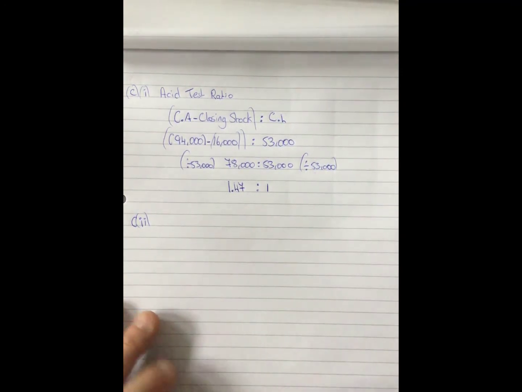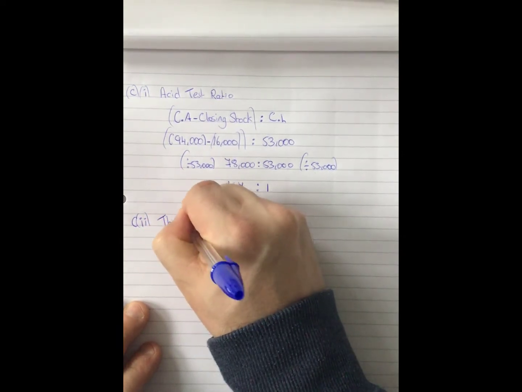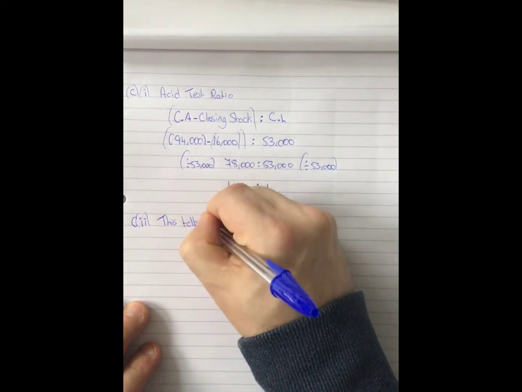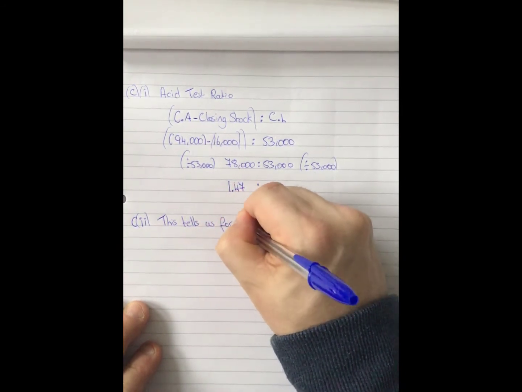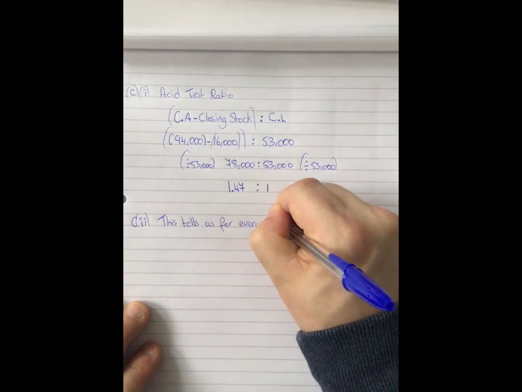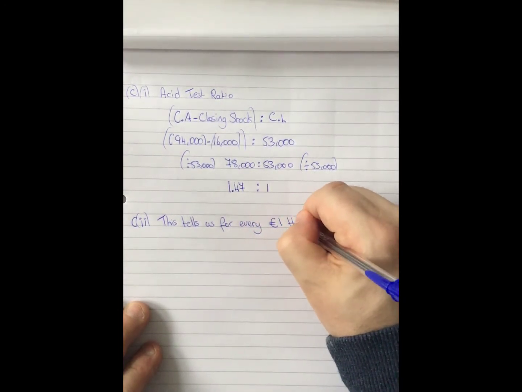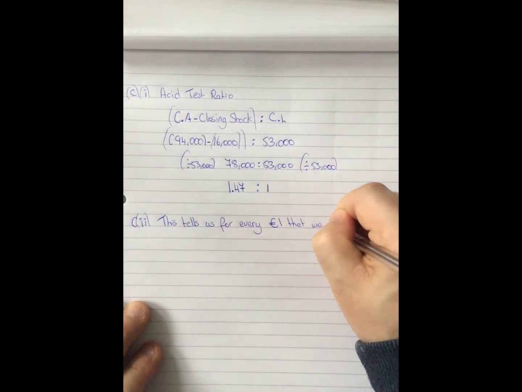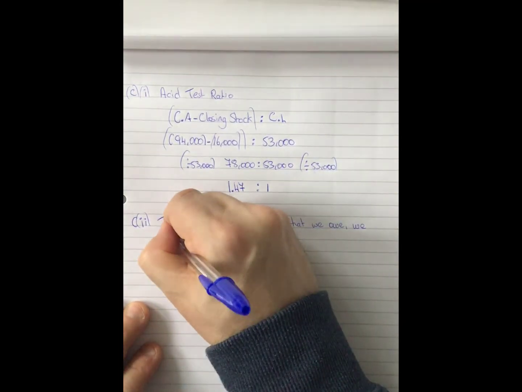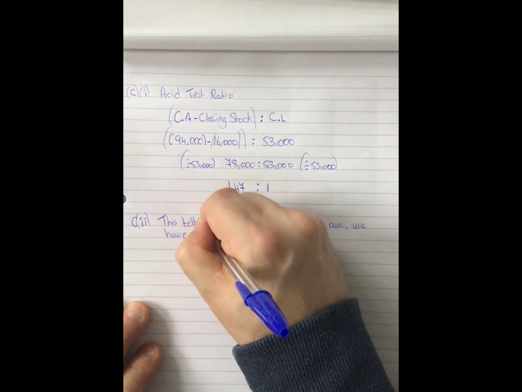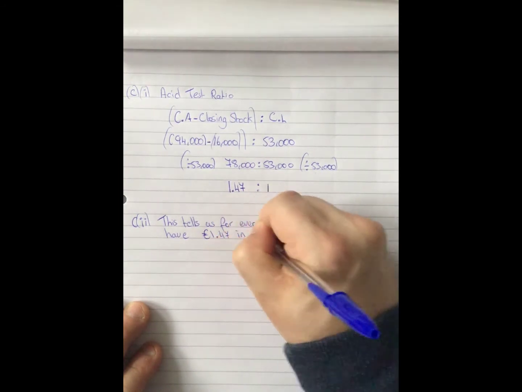So in this case, this tells us that for every €1 that we owe, we have €1.47 in liquid assets.